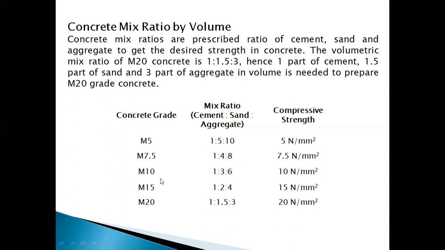Next grade is M10, mix ratio 1:3:6, compressive strength 10 Newton per mm square. Next is M15, mix ratio 1:2:4, compressive strength 15 Newton per mm square. And the final grade is M20, mix ratio 1:1.5:3, compressive strength 20 Newton per mm square. These grades are mainly used in buildings.